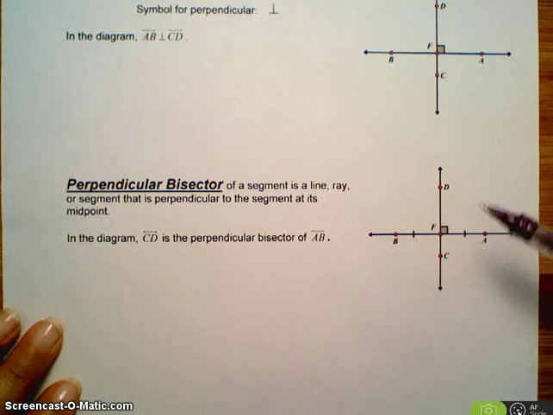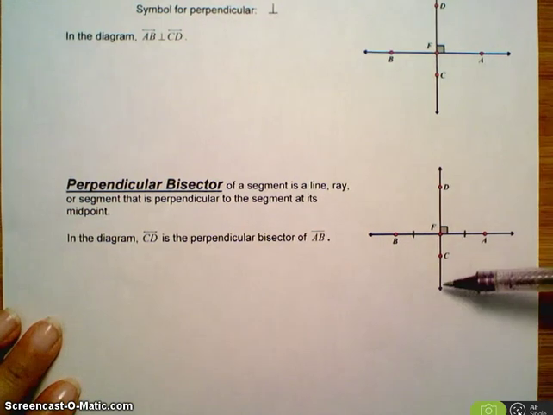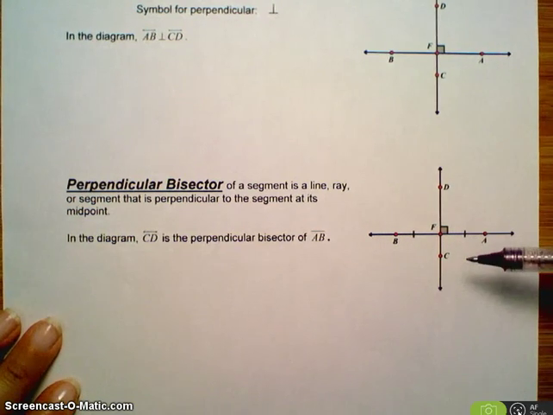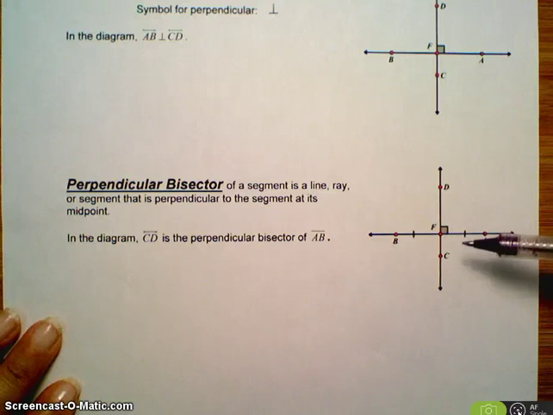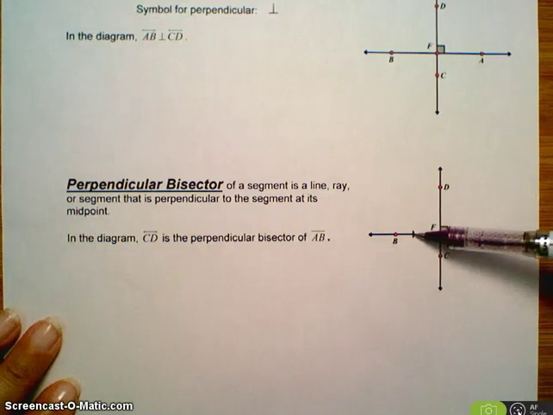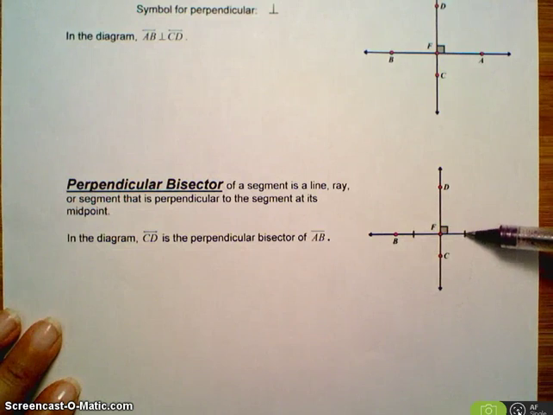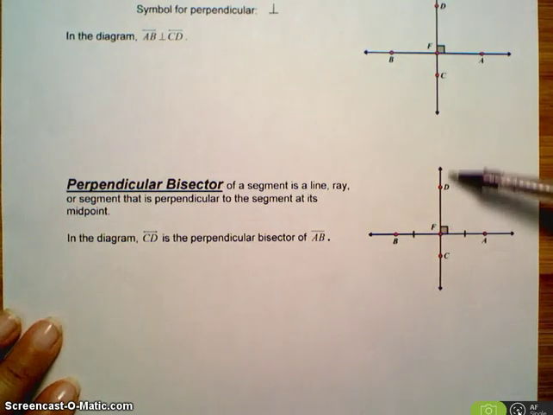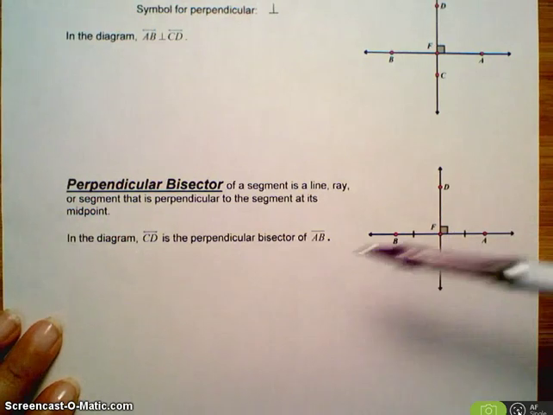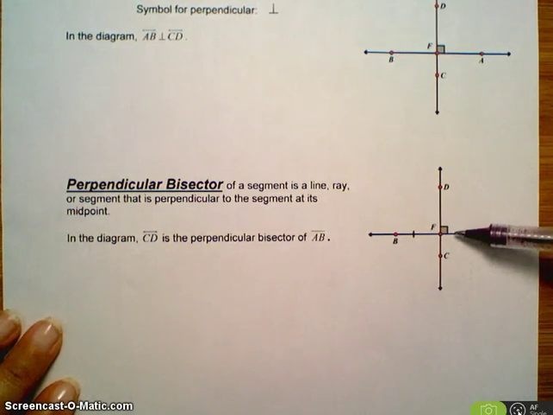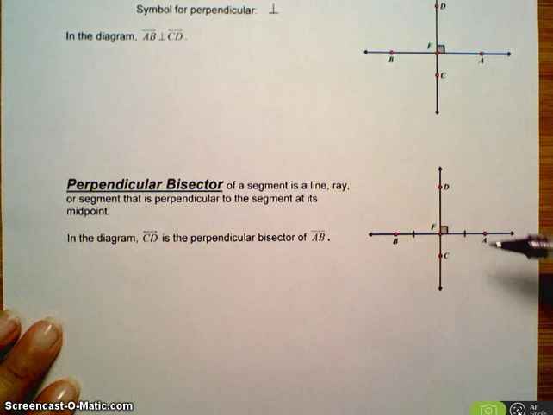So in this diagram, line CD is the perpendicular bisector of segment AB, and we can see that because F happens to be the midpoint of segment AB, so these two pieces are equal. And then by this mark, we see line CD is also perpendicular. So we would say again, line CD is the perpendicular bisector of segment AB.